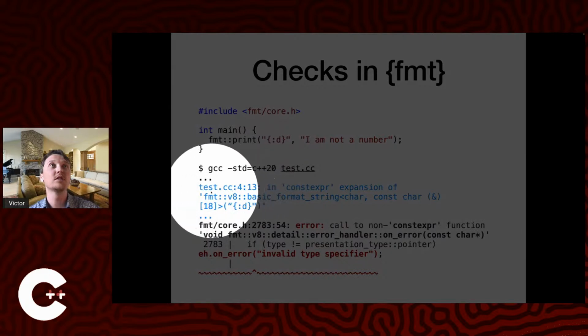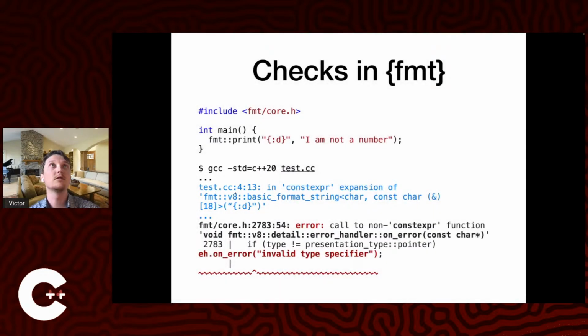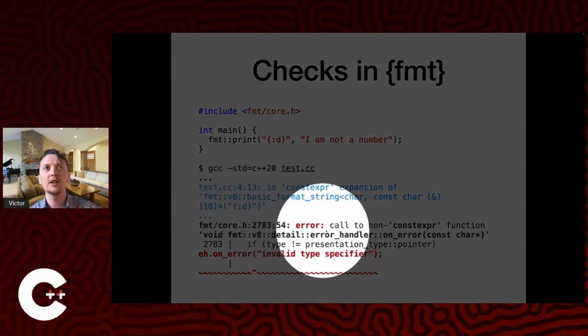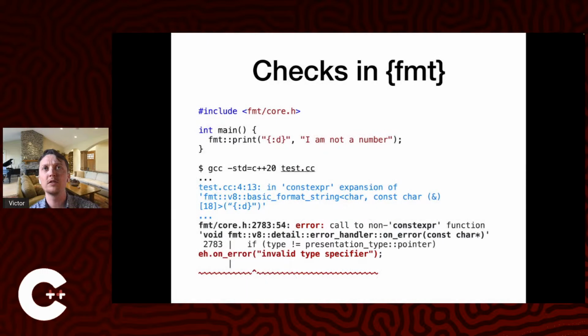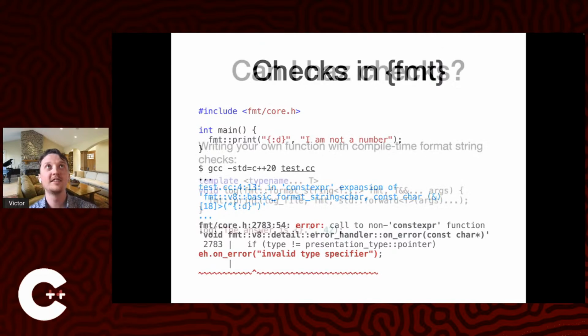So it says that the error happens in line 4, where we have our print statement, some context, and the actual error message is that it's an invalid type specifier. So d is invalid for the argument of string type. So yeah, hopefully in the future, we'll have mechanisms to get also beautiful diagnostics and not just useful.